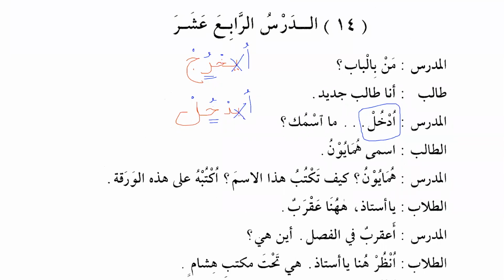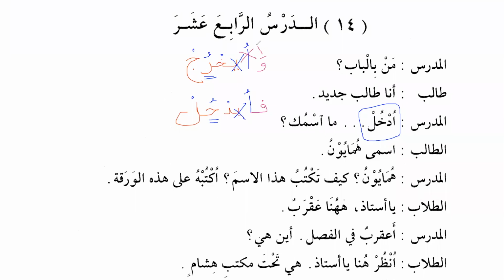However, if a word or a letter precedes the hamzatul wasl, for example, let's say we've got a wow or a fa, in such a case, the hamzatul wasl, although it still remains in writing, gets omitted in pronunciation.